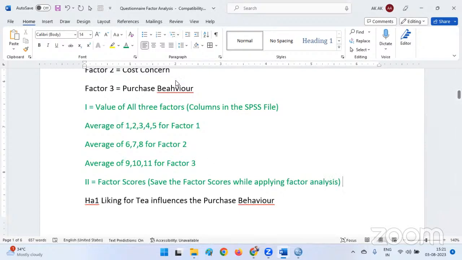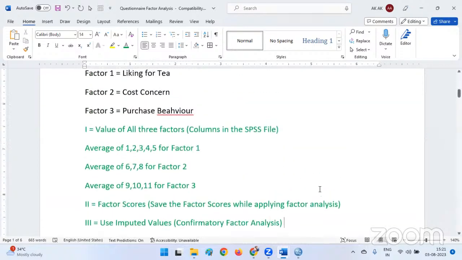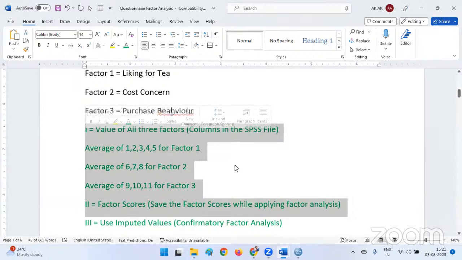And the third is to use imputed values, and for that we require confirmatory factor analysis. So basically, the first two are possible after factor analysis, and the third is possible only when we apply confirmatory factor analysis.